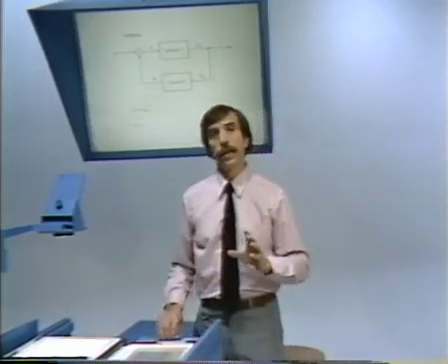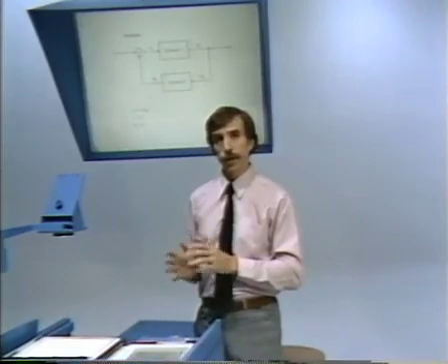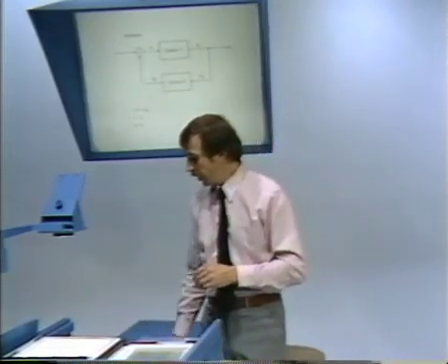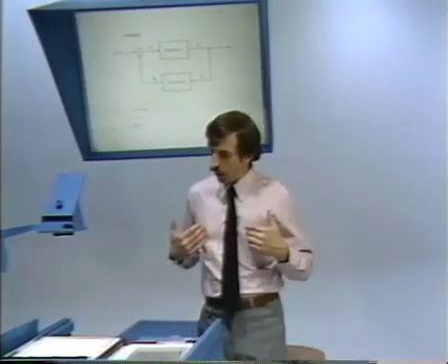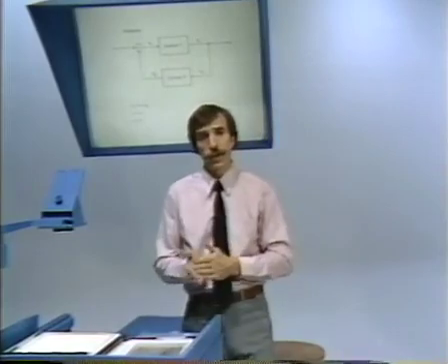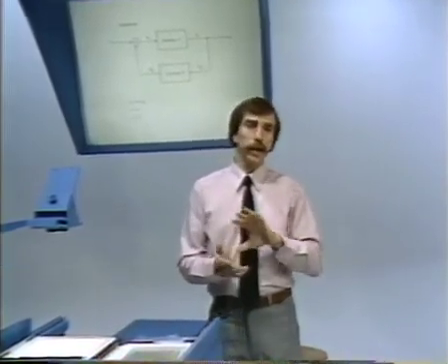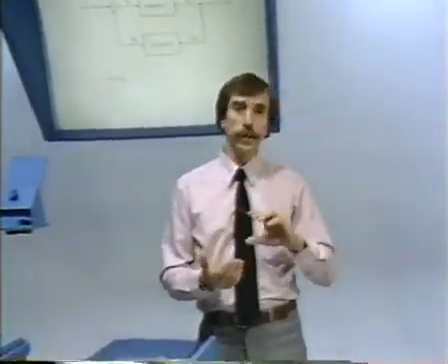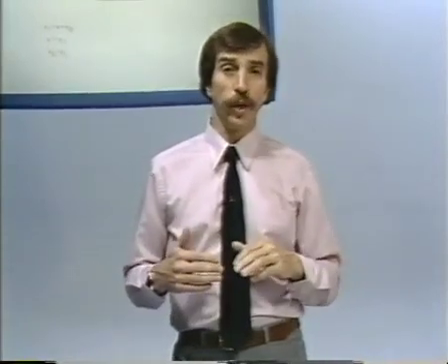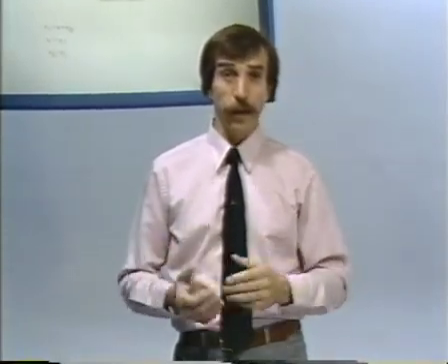But this will be a topic that we'll devote a considerable amount of time to later in the course. And then, of course, there are lots of other interconnections of systems. As the course progresses, we'll see lots of ways in which systems get interconnected, both in series and in parallel and feedback interconnections, etc., to achieve a wide variety of things.